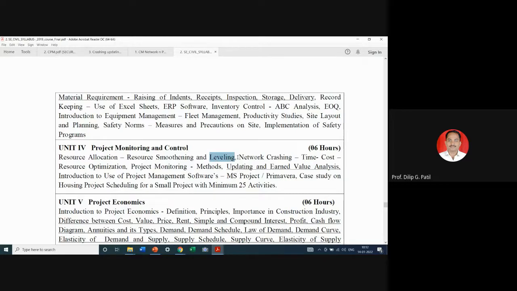In network crashing, sometimes you need to complete the project at the earliest by adding more resources, having some more, we can say, cost. But we will see in that particular topic that with respect to the time cost relationship, there are direct and indirect costs. With an increase in time, some costs increase, some costs decrease, and accordingly you will reach a particular point where the project cost is minimum, that is optimum project duration, optimum cost.